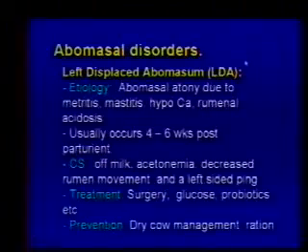Abomasal disorders: the left displacement of the abomasum, referred to as LDA. This is a multifactorial condition. It's caused by a number of factors. It originates from atony of the abomasum, so failure of proper contraction of the abomasum, may be related to metritis or mastitis.